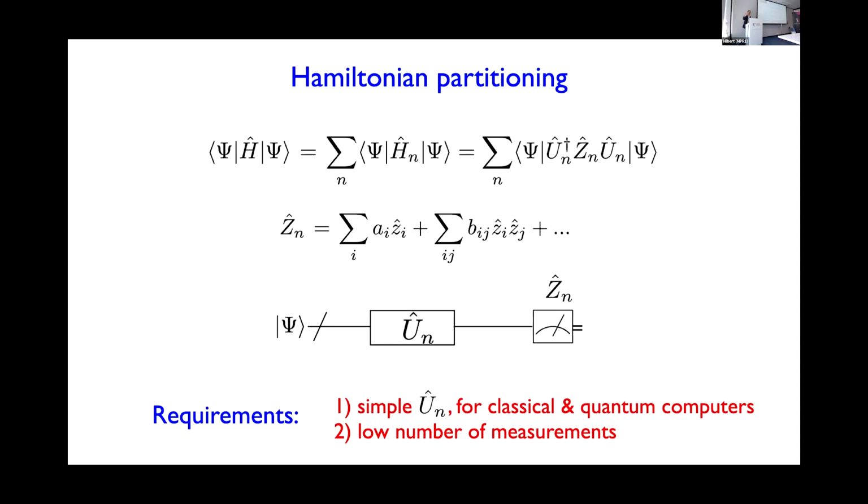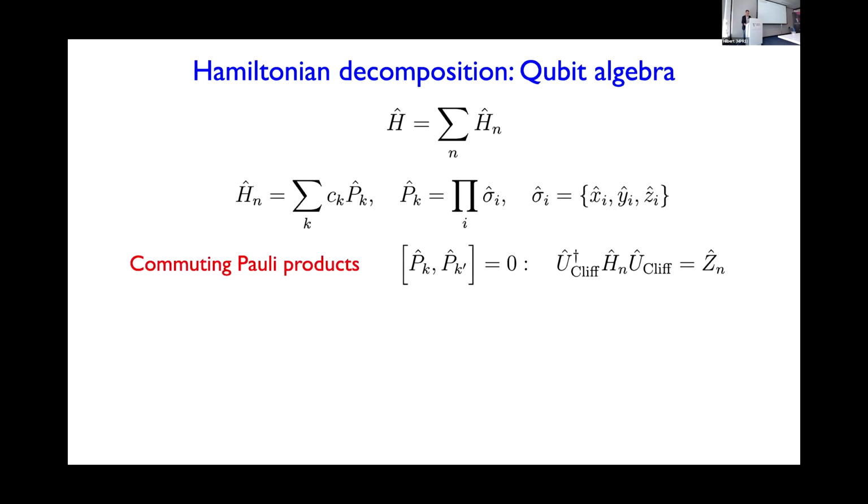So when you measure a non-eigenstate, you get a distribution, and those distributions could be either wide or narrow. You would like fragments that have a narrow distribution so that you converge to your expectation value faster.